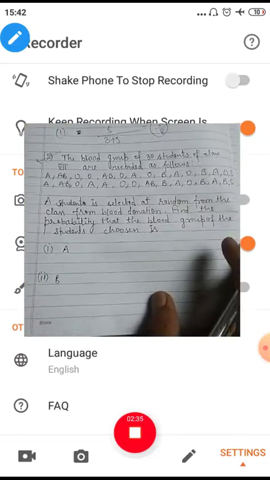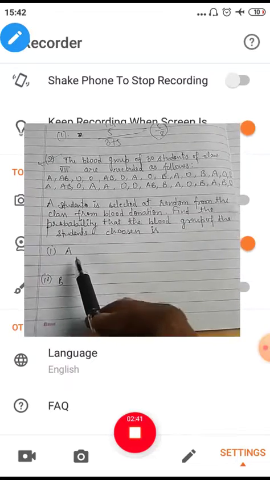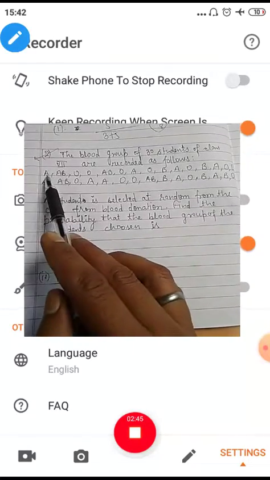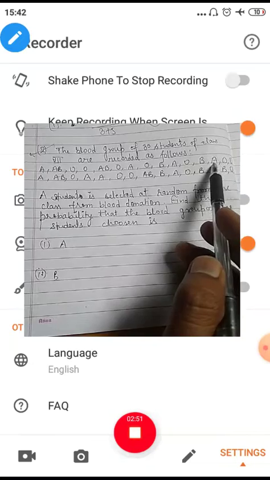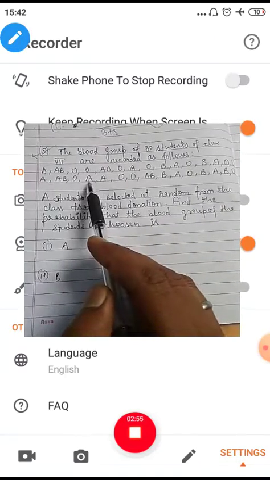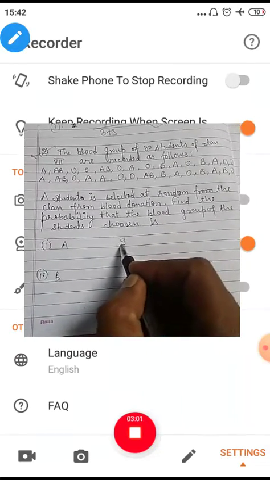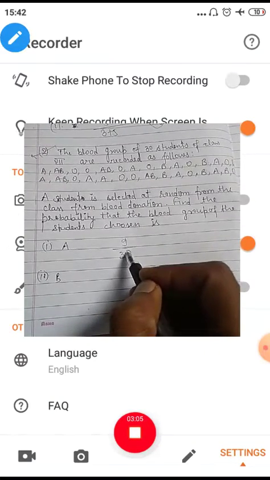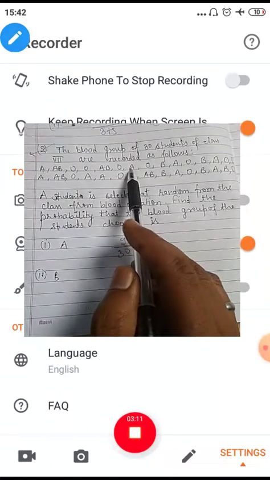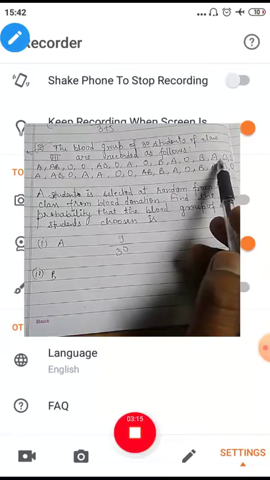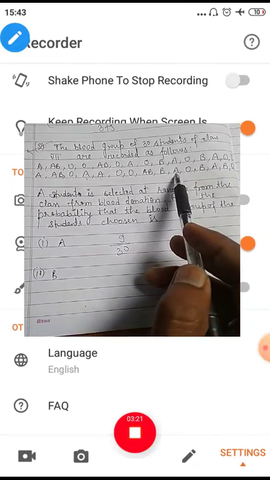Okay, so we have to count the number of students whose blood group is A. Okay, let's count: 1, 2, 3, 4, 5, 6, 7, 8, 9. 9 upon 30. फिर से काउंट कर लेते हैं the number of students who have blood group A. 1, 2, 3, 4, 5, 6, 7, 8, 9.